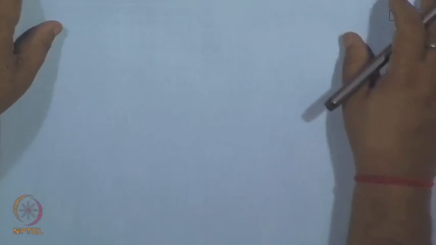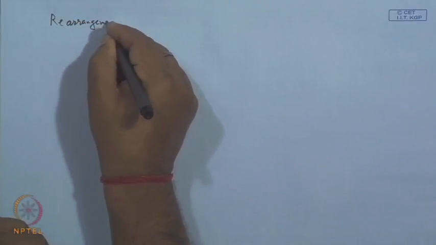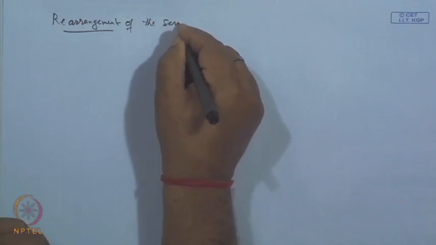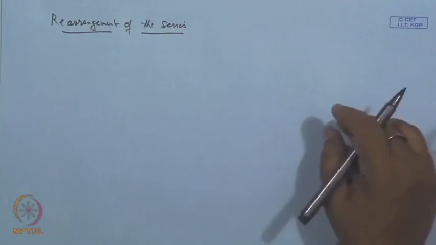Now, another concept is rearrangement of the series. In case of the grouping of the series, we are not changing the order of the terms, that is, the place of each term is fixed.